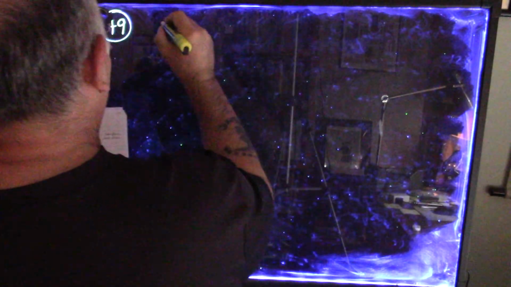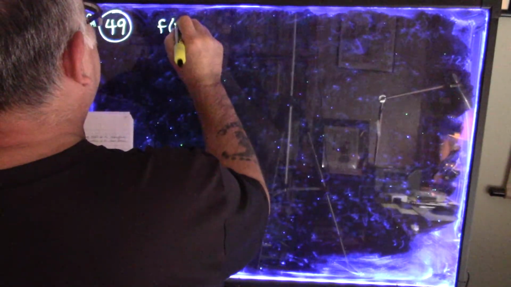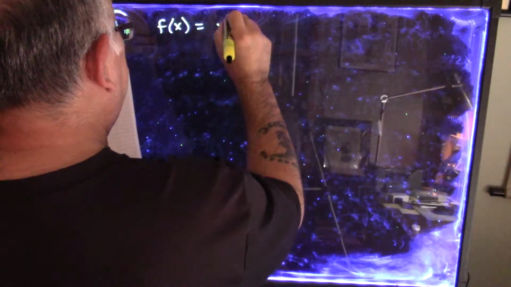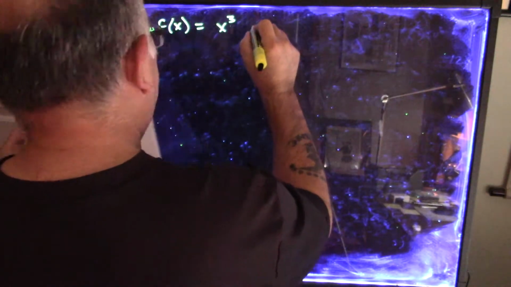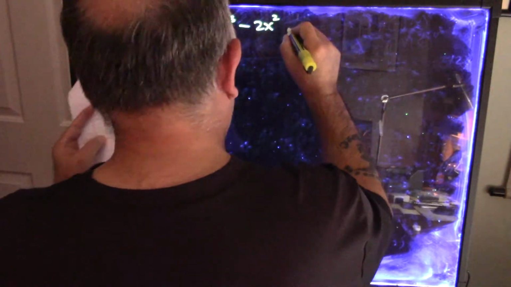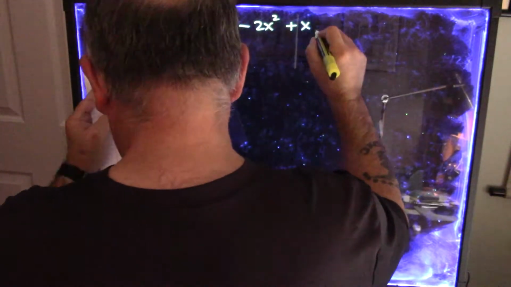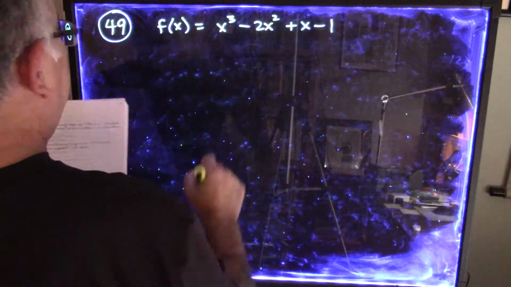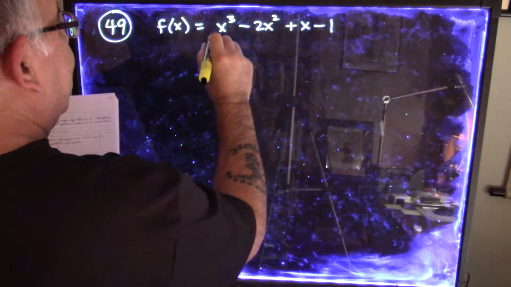Number 49. So we have f of x is x cubed minus 2x squared plus x minus 1. Alright. So positive to negative, that's one variation.